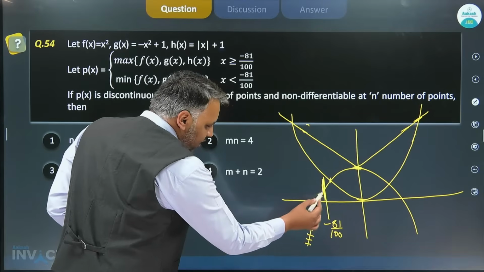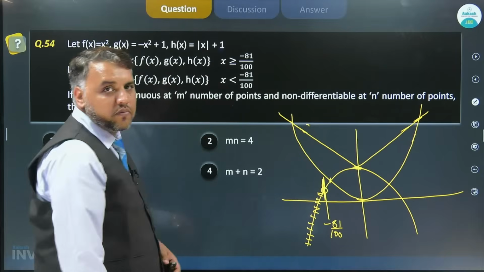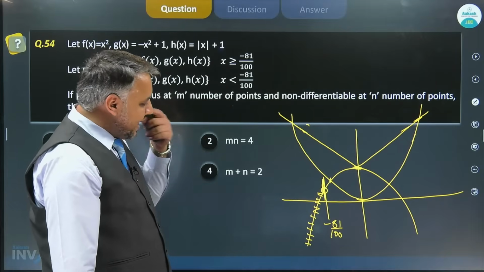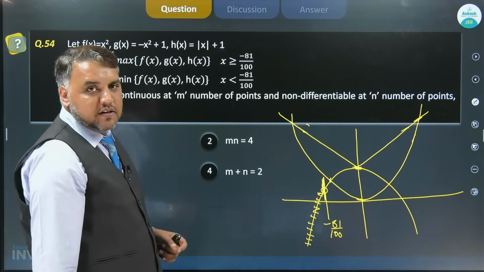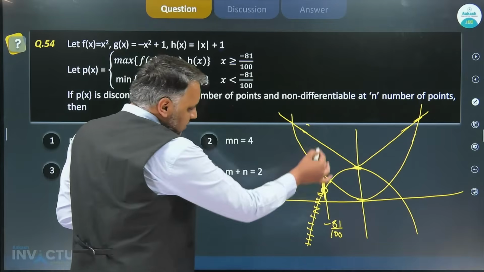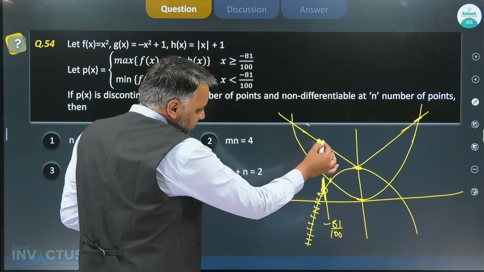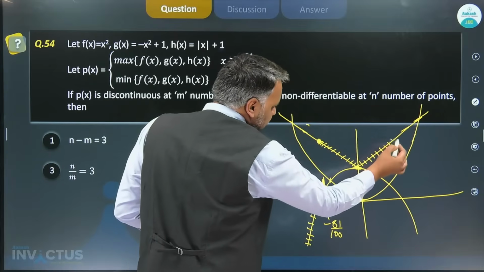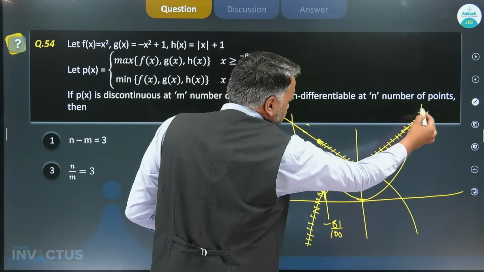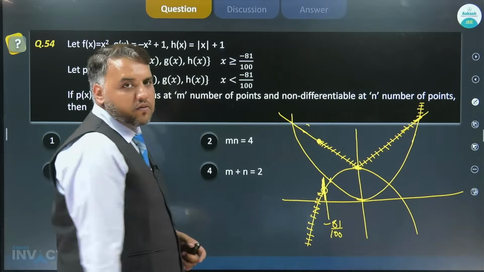So up to this point, this is our function. And after minus 81 by 100, or greater than or equal to this, maximum of these three will be our function. So I think it will start from here. And now we have to take only the maximum of these three. So the graph which is above all.